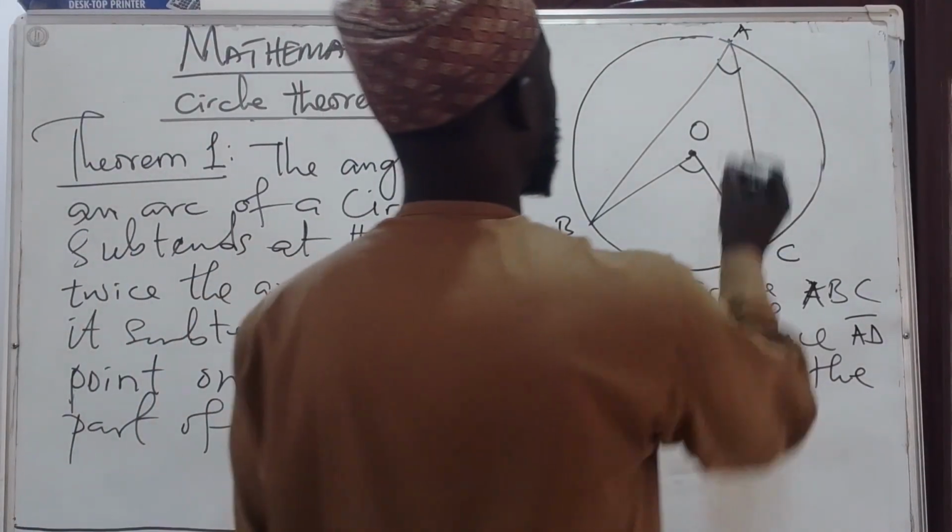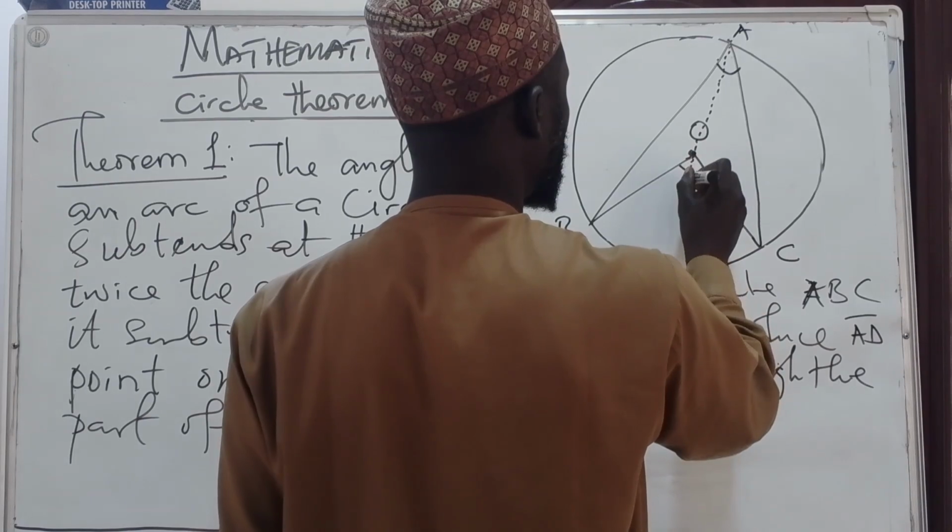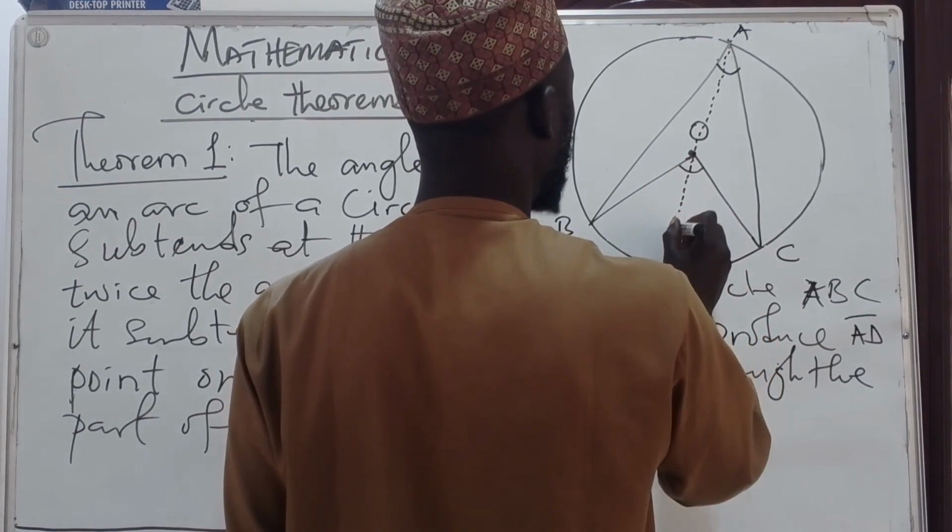So what this means is you construct a straight line to pass through the center up to a point D.